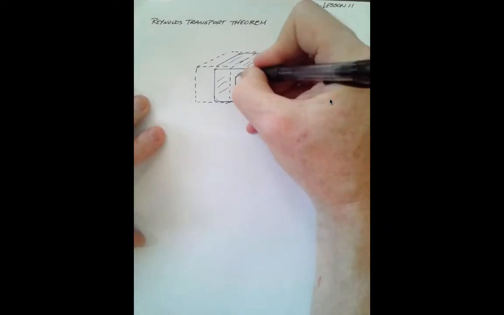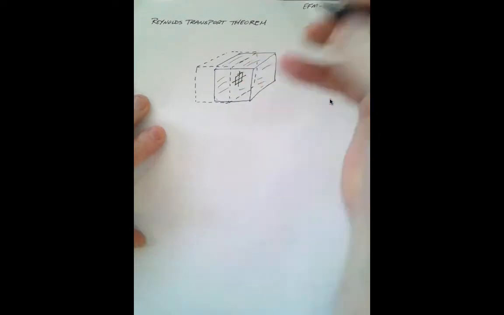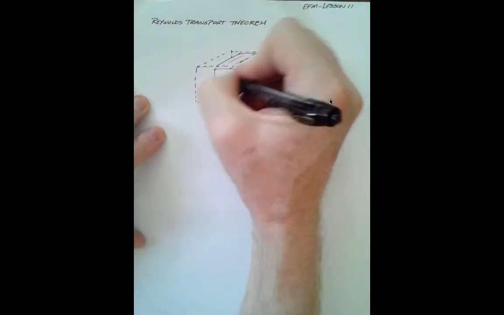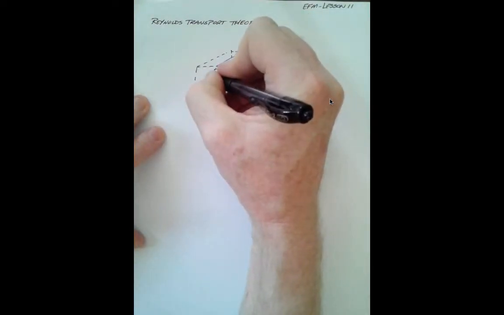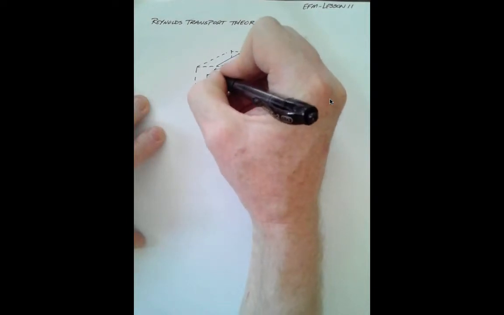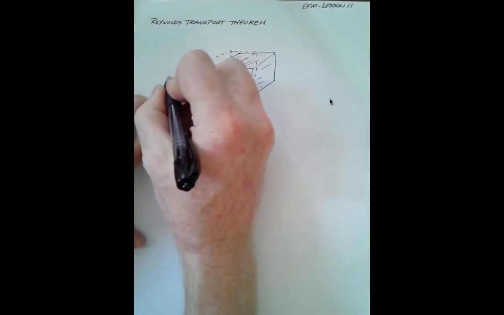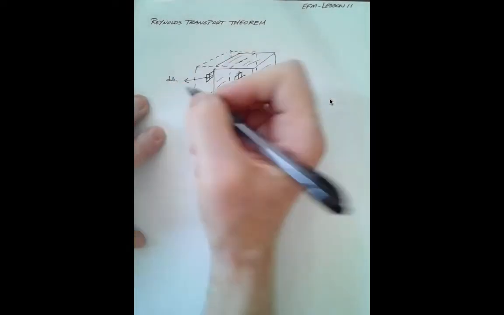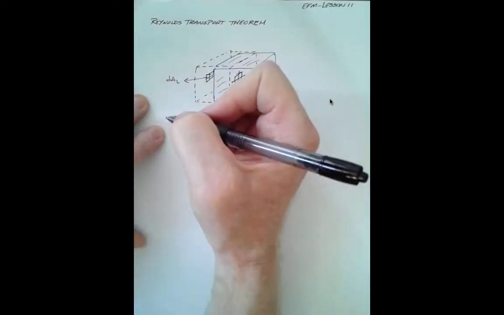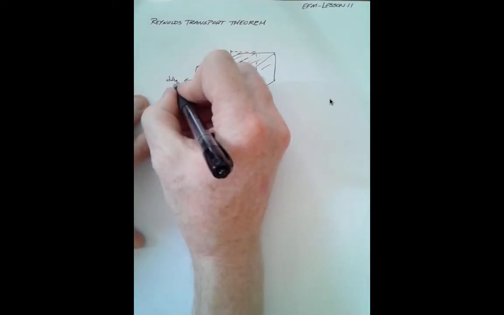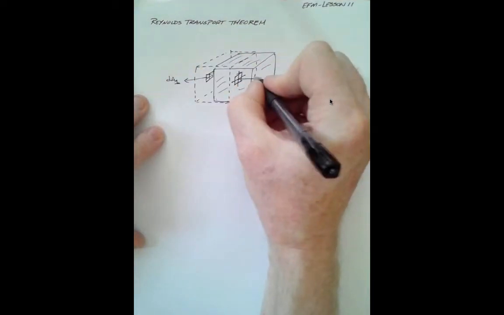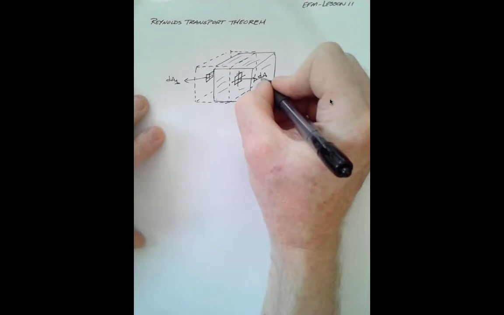And now I'm going to introduce some area vectors. We'll call this one dA left, or dA1, and dA2.